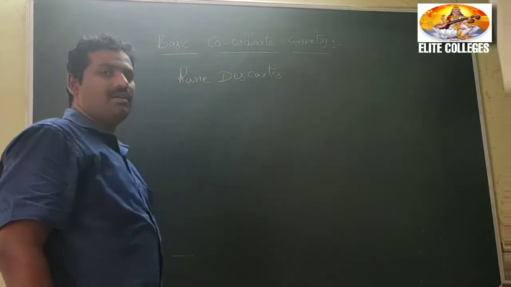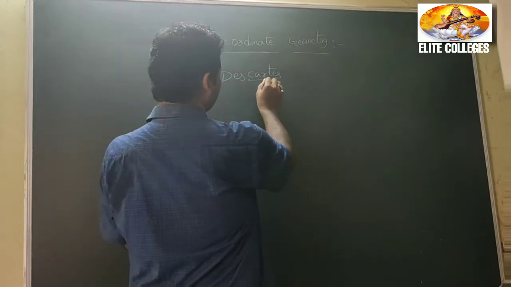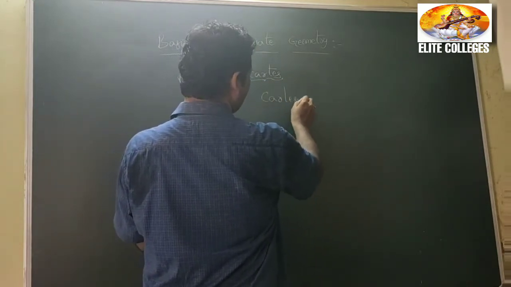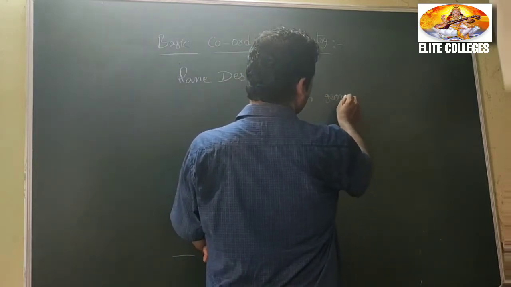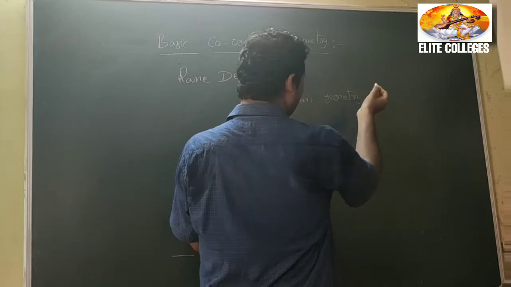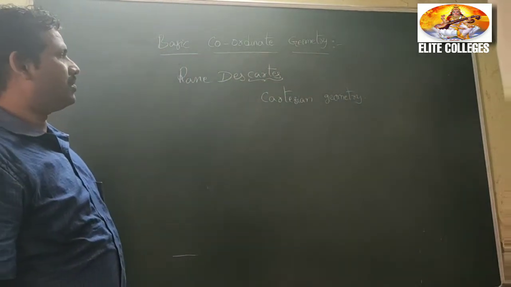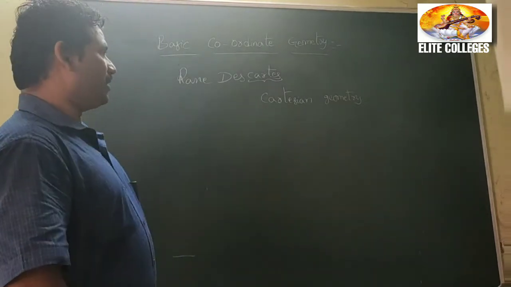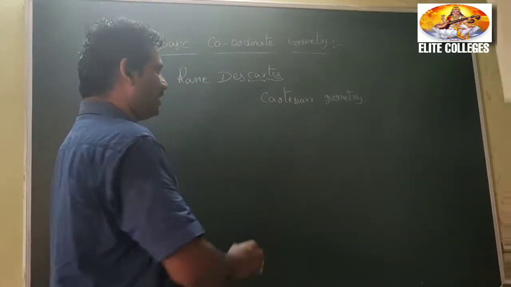By his name, we call this Cartesian geometry. Either we can say coordinate geometry or Cartesian geometry.